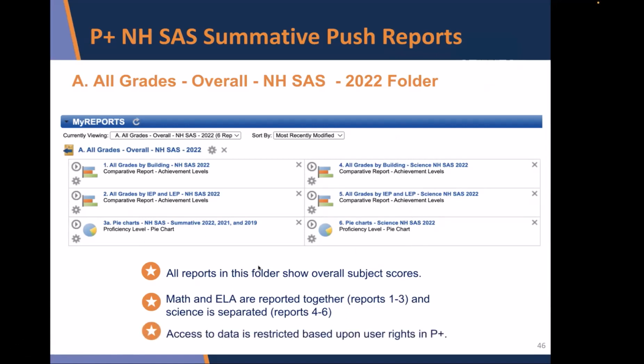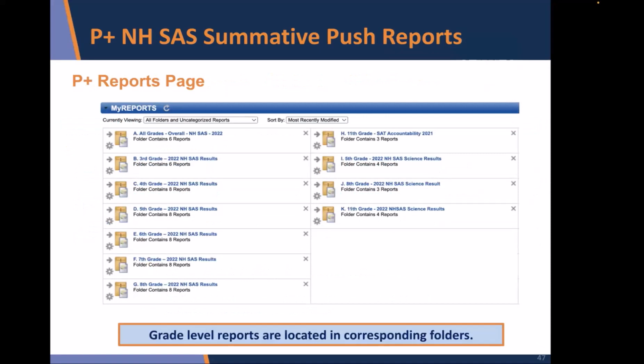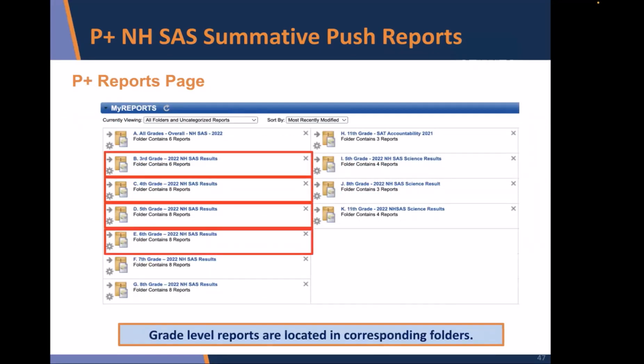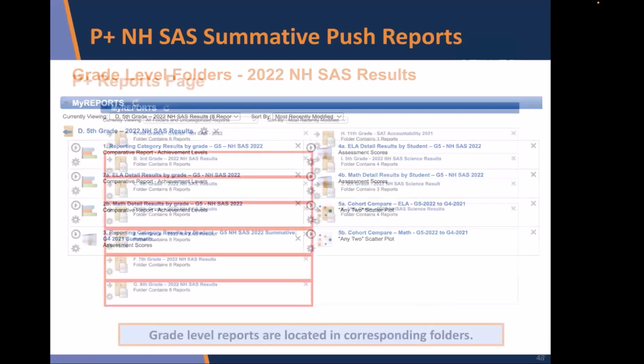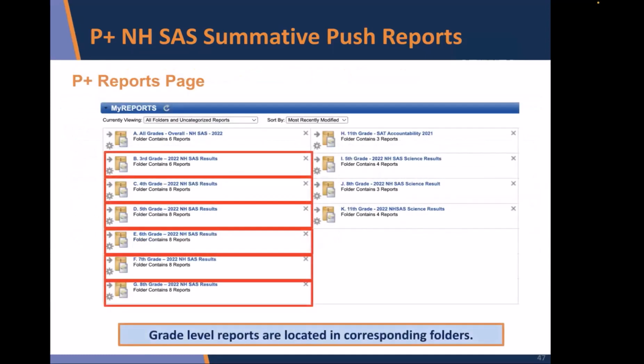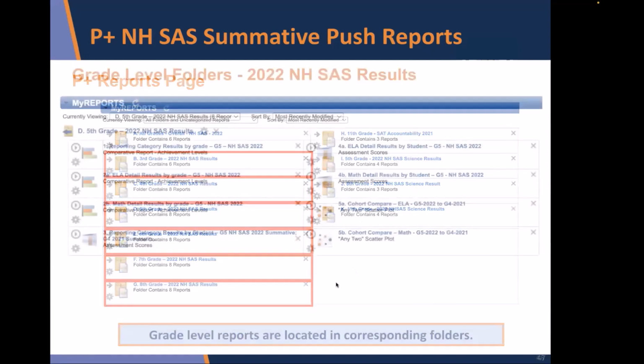Again, your access is dependent upon your rights within Performance Plus. The grade level reports are in the corresponding grade level folders here. So here are all the grade level reports. If you were looking at 5th, 8th, or 11th grade science, they're over here as well.